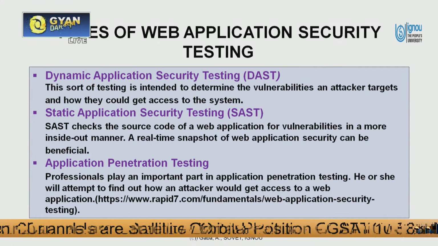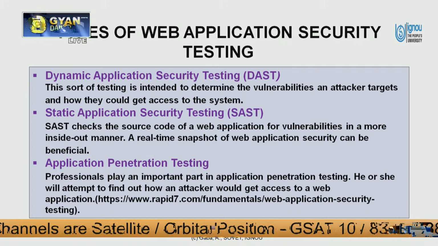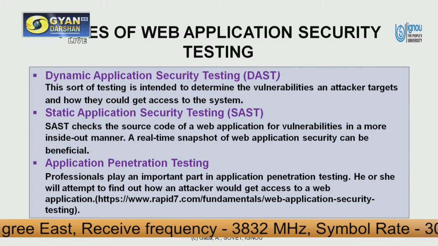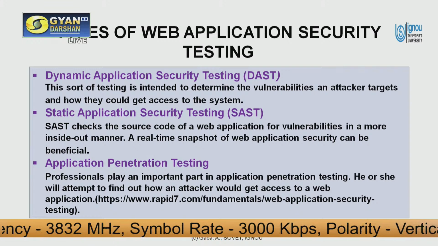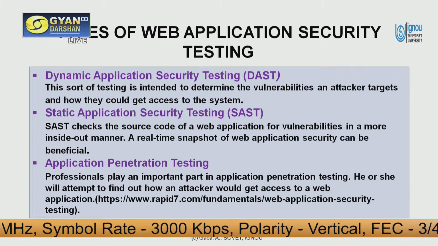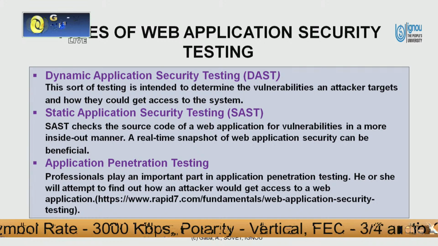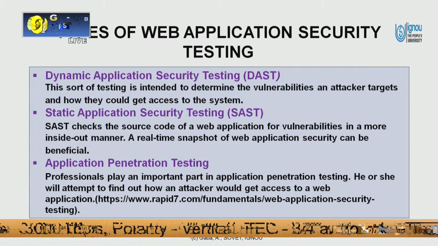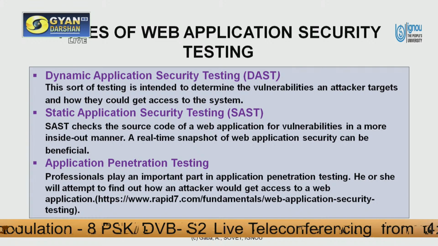Within the organization, if you have been appointed as an information security expert, your first job is to analyze the different types of web application security testing. You may have other job roles also, but as an expert, your first analysis step is to see dynamic application security testing. What is that? We explain it there.